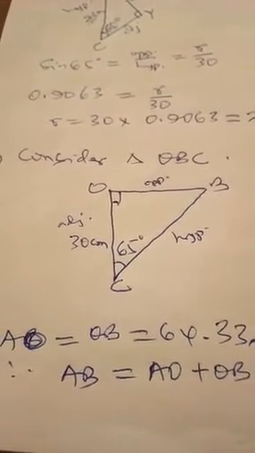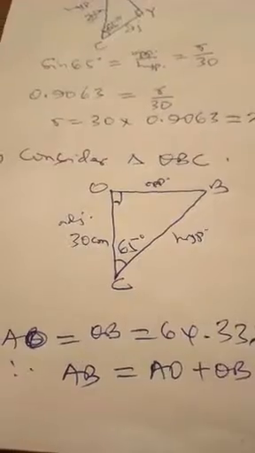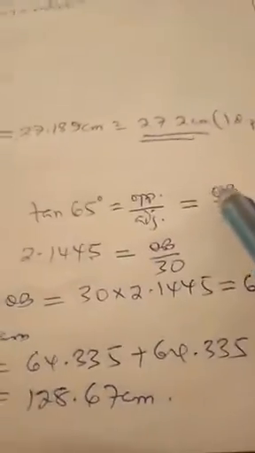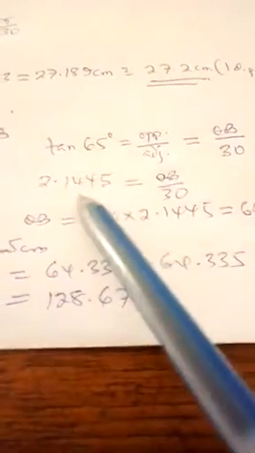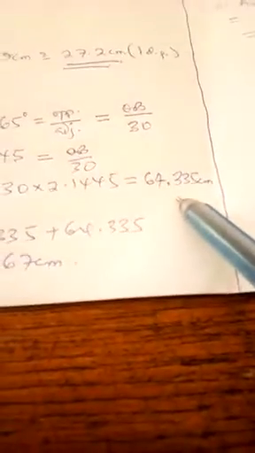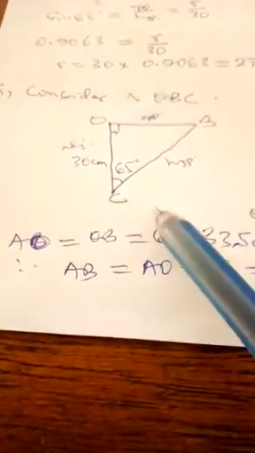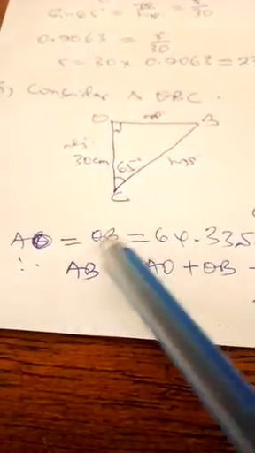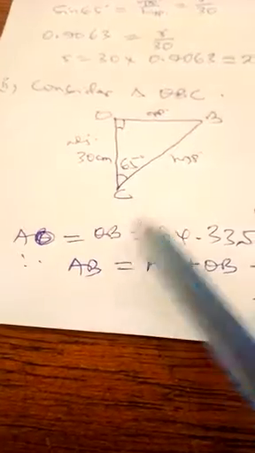Tan 65 is OB over 30. Tan 65 is this, which is this, plus multiply, and OB gives you this, which is this. Now, OB will be AO from the diagram.